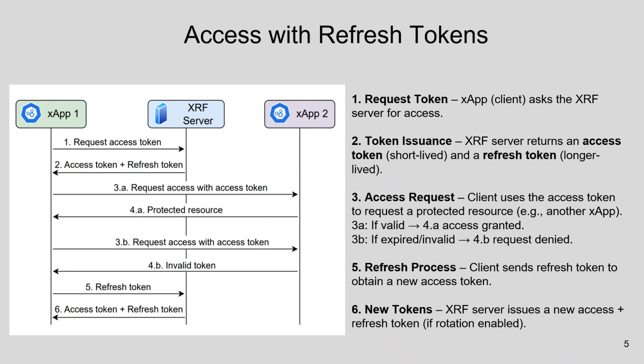We have several different types of tokens, such as access tokens and refresh tokens. Access tokens are usually short-lived, whereas refresh tokens are longer-lived. As you can see in this diagram, we can use refresh tokens to get new access tokens. This is more efficient than doing the initial authentication because it consumes less time.